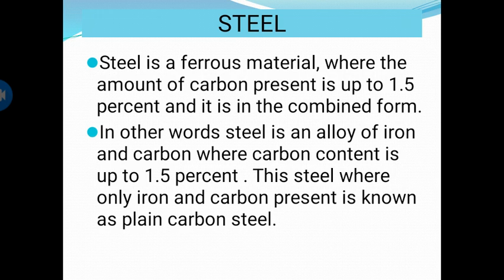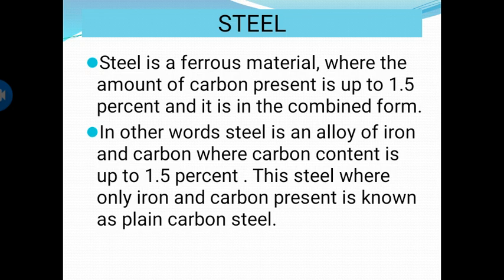So next, what is steel? Steel is the most commonly used ferrous material. In case of steel, the percentage of carbon is up to 1.5%, and this carbon is in the combined form.